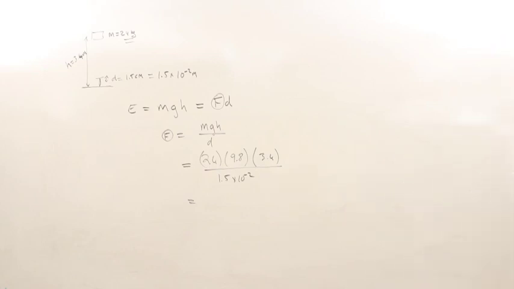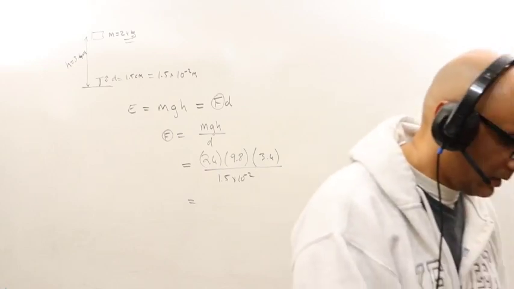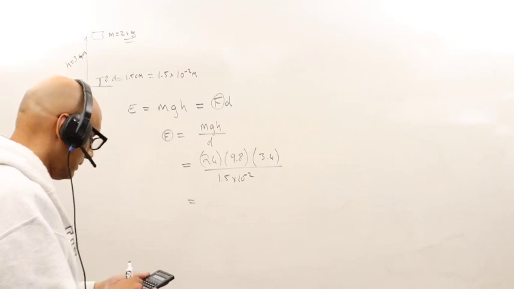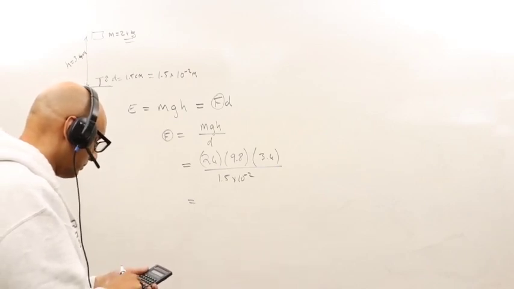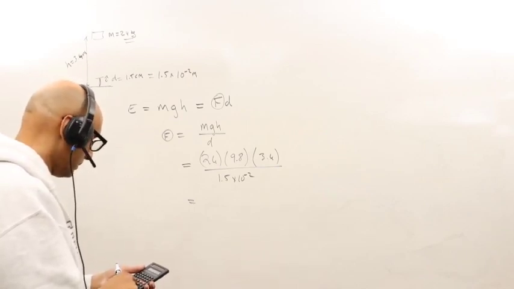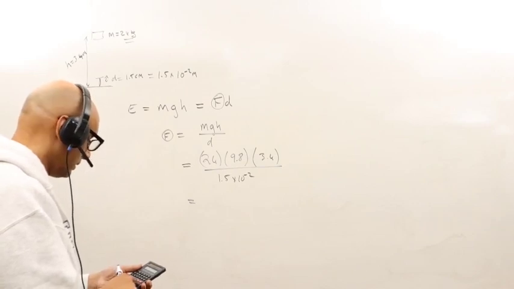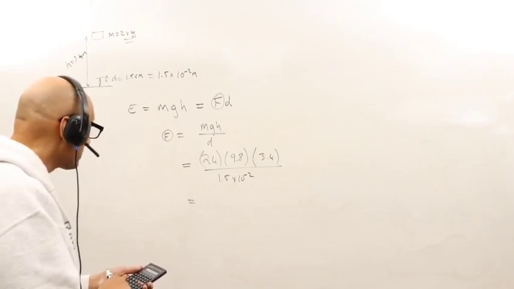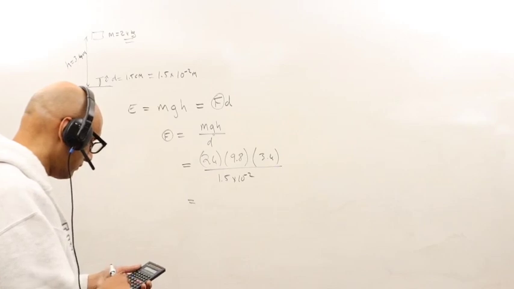So we get a value of... where's the calculator? Oh, here we go. 24 multiplied by 9.8 multiplied by 3.4 divided by 1.5 times 10 to the negative 2.